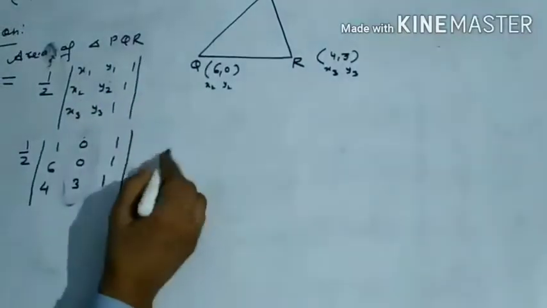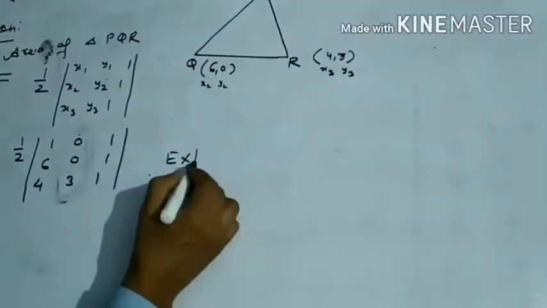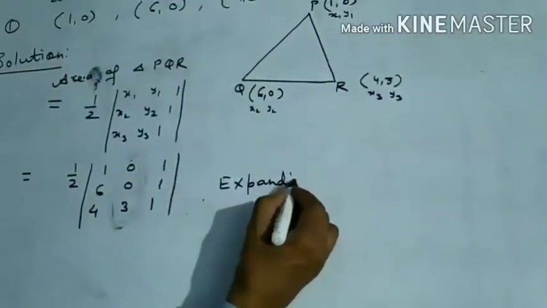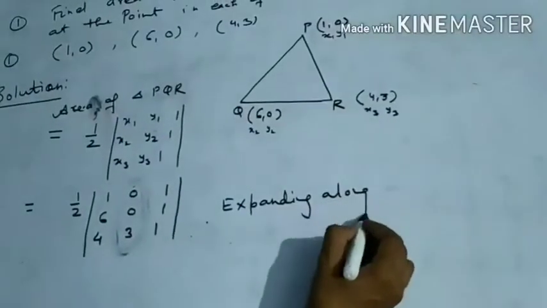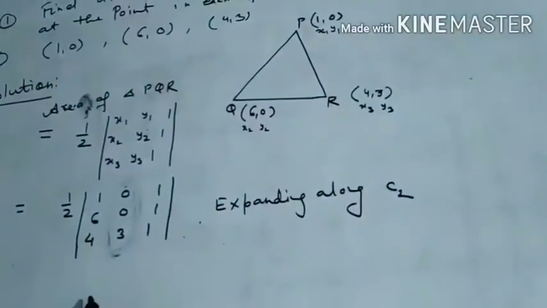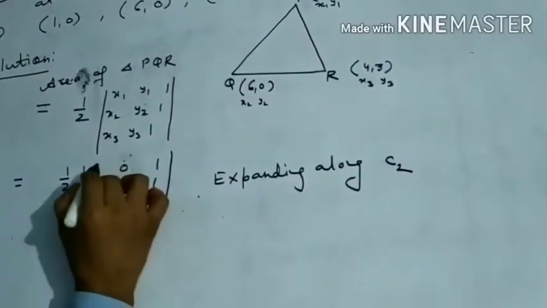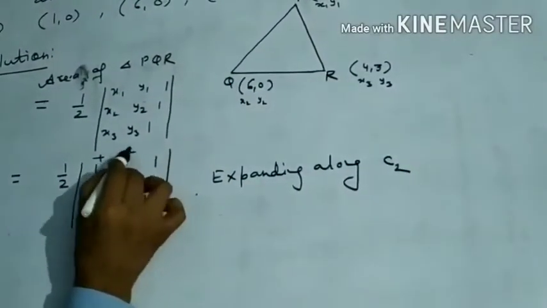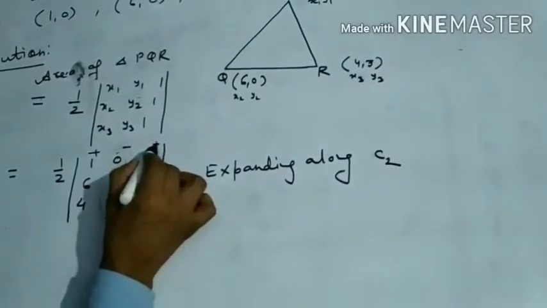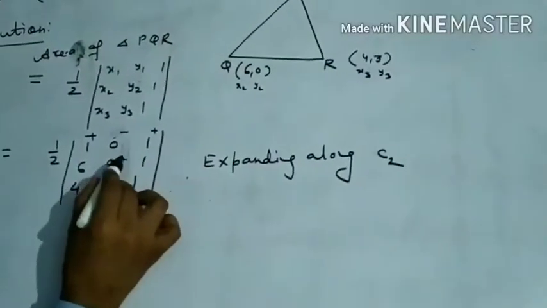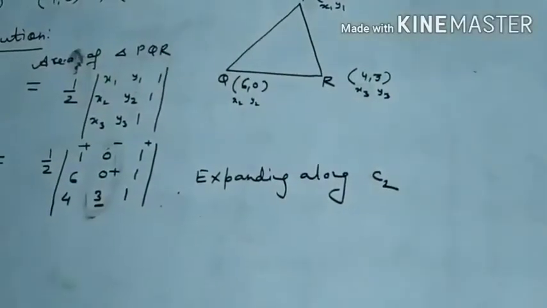So expanding along C2, the signs we make are plus, minus, plus.